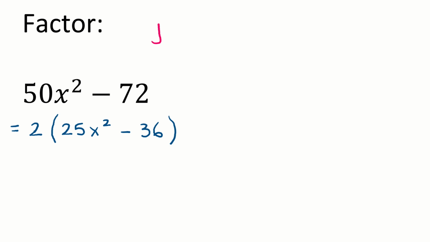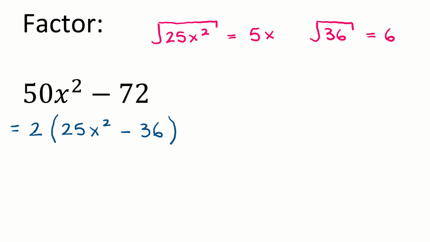So we have the square root of 25x squared, which is 5x, as well as the square root of 36, which gives us 6. And then we can plug those numbers into our two brackets. So the first bracket will be 5x plus 6, and the second bracket will be 5x minus 6.